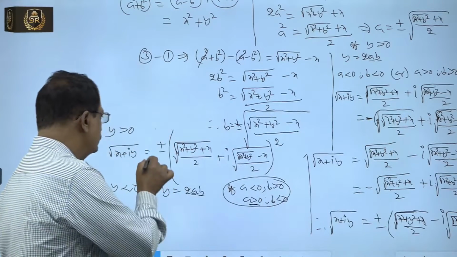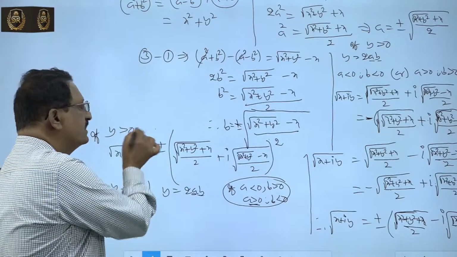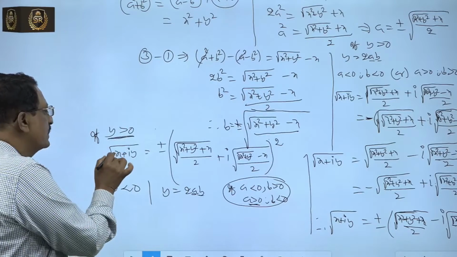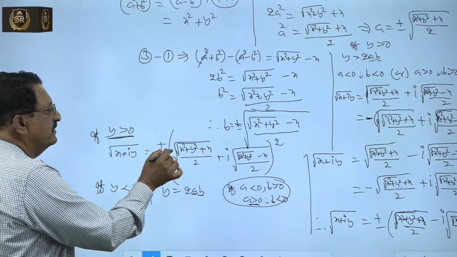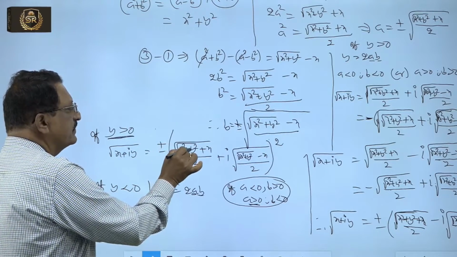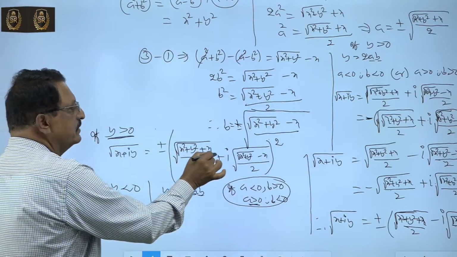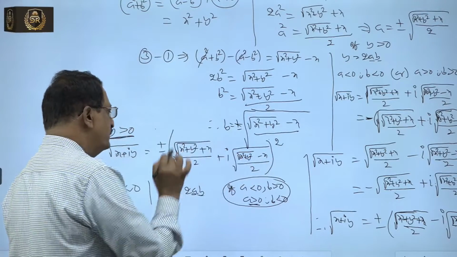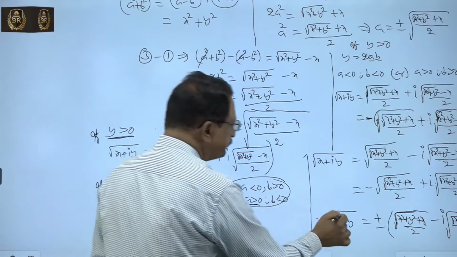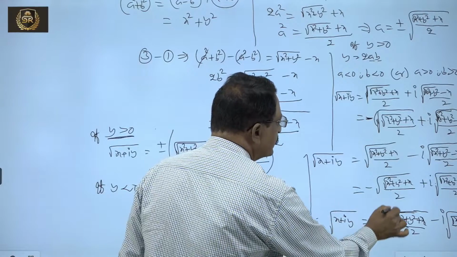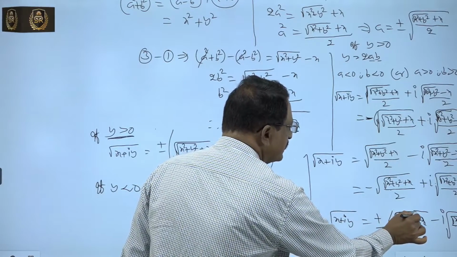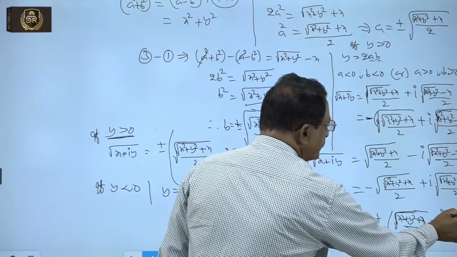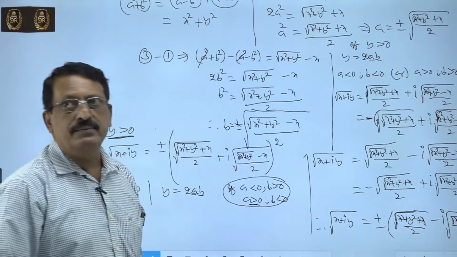It depends on the value of y only, y greater than 0 or y less than 0. If y greater than 0, square root of x plus iy equals plus or minus square root of (square root of x square plus y square plus x) by 2 plus i into square root of (square root of x square plus y square minus x) by 2. If y less than 0, its value equals plus or minus square root of (square root of x square plus y square plus x) by 2 minus i into square root of (square root of x square plus y square minus x) by 2.